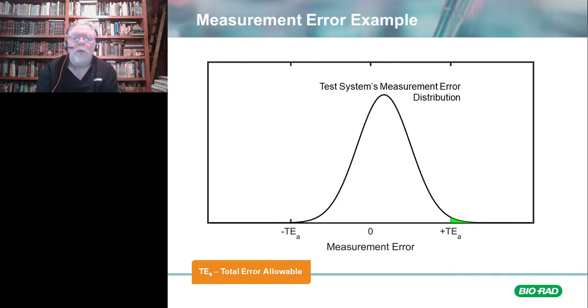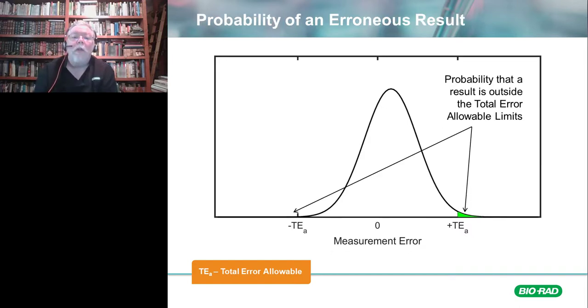And you can see in green that our measurement error distribution extends a little past the upper limit. All of the distribution that falls outside of those total allowable error limits is the probability that we have an erroneous result.